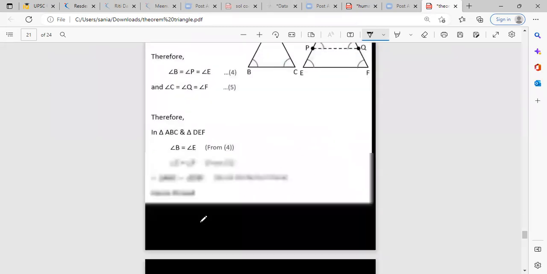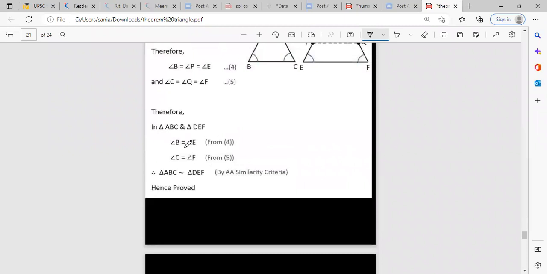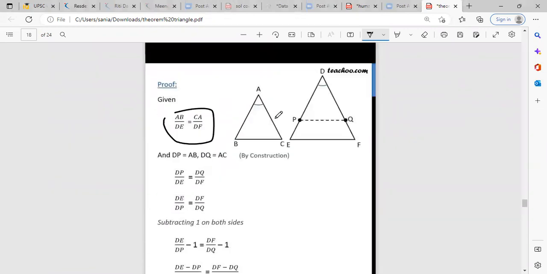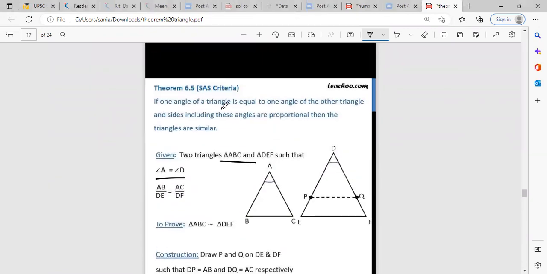So over here, the only difference was the angle. In the last one, they had just proved two angles, using AA similarity, but somewhere they need to do the same thing. Whether it is ASA or SSS or SAS, you are going to prove it.